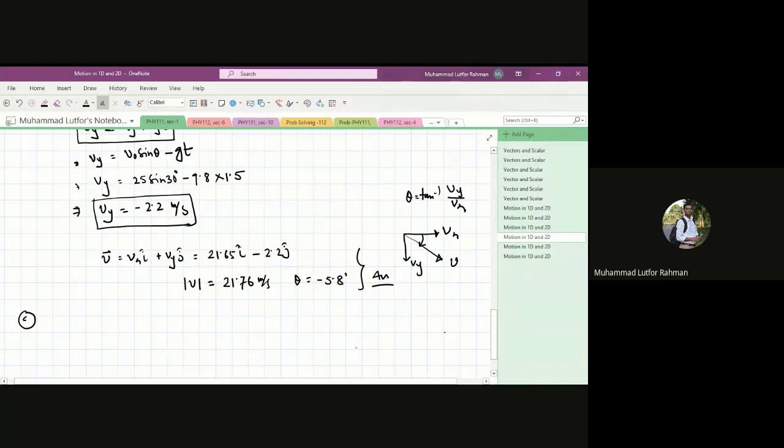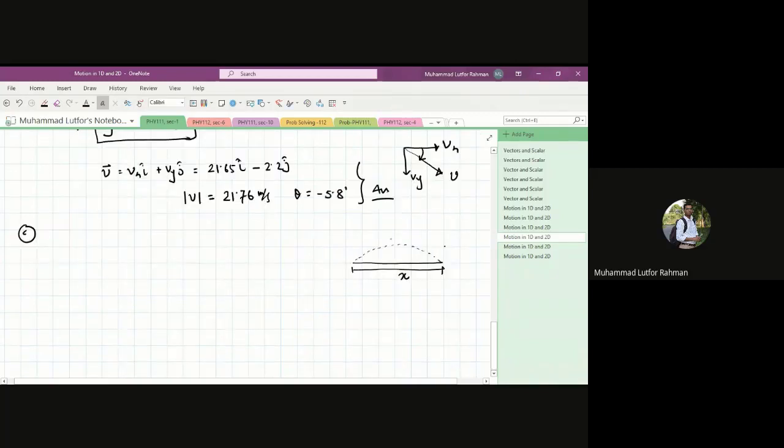So I can write, say, this is that distance, and I'm going to find out the distance between the two players. So that distance, say x, the horizontal distance. I know the ball takes 1.27 seconds to reach the maximum height. Then it will also take the same time to reach from maximum height to the ground, right?